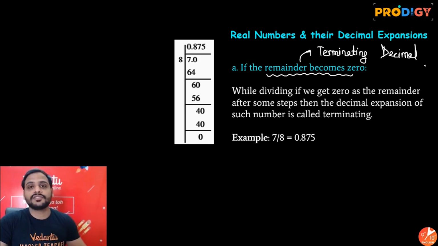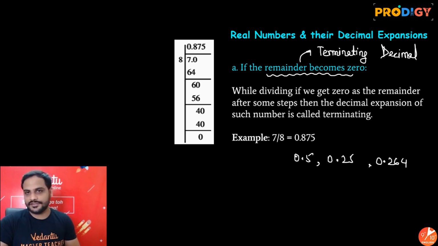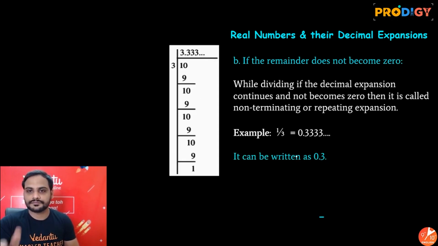Now we are focusing on the decimal form of rational and irrational numbers. For a rational number, one decimal form is terminating decimal, where the decimal terminates. So 0.5, 0.25, 0.264, these are all examples of rational numbers. The second is those divisions where the remainder never becomes 0.